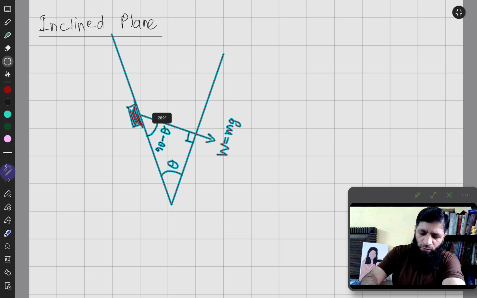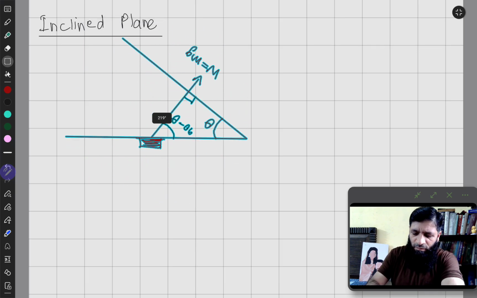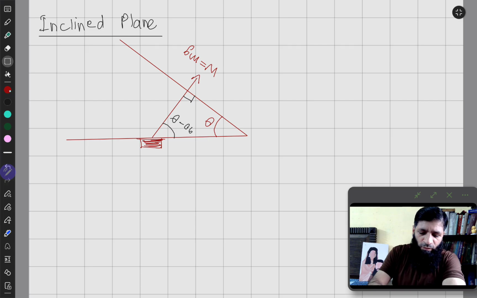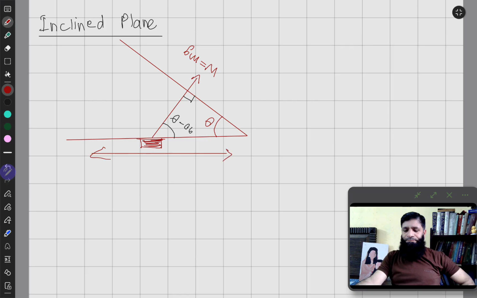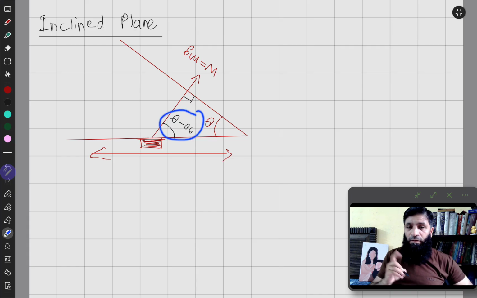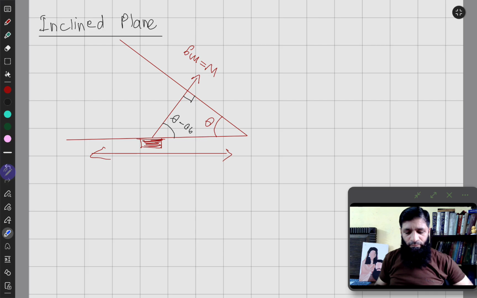I'm going to rotate this diagram like this. Yes, like this. Now you can see that this is basically the direction of the movement of this object, and you can also see that weight is making this angle 90 minus theta with the direction of movement.